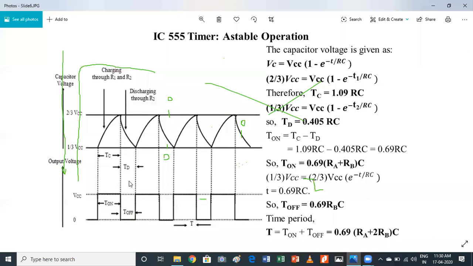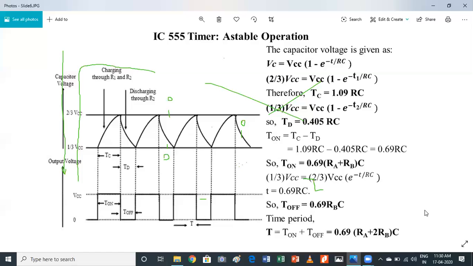During the discharge period, the output is off. This is called T high, T low, or T on, T off. This is the expression for the timing T on, T off.